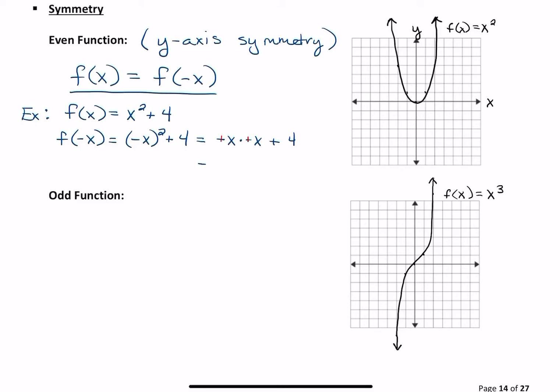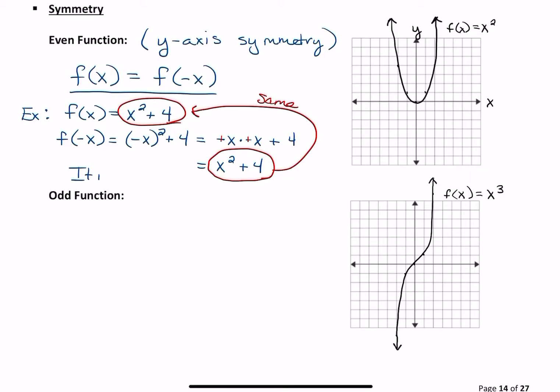So that gives you back x squared plus 4. So notice that is the same function that you started with. Thus, it is an even function. So if you plug in negatives for all the x's and it gives you back the exact same function, it's even, which means it has y-axis symmetry.